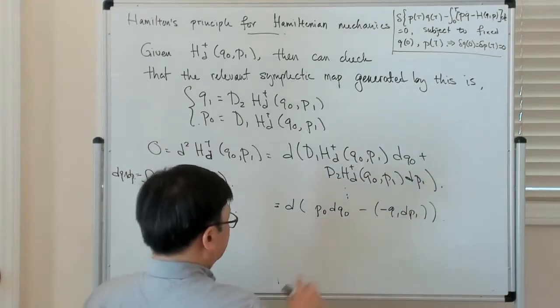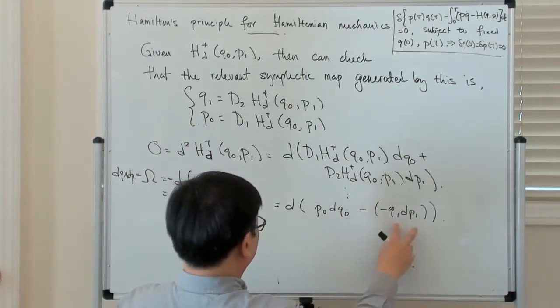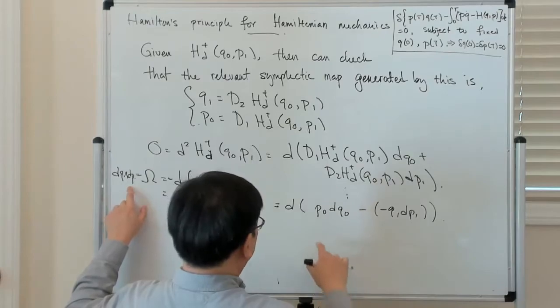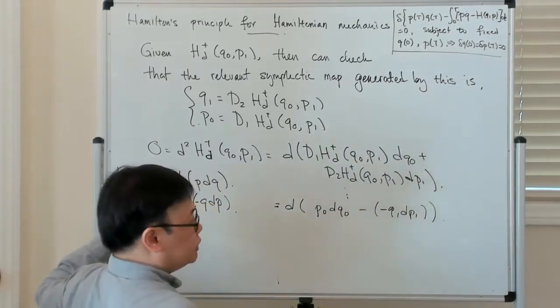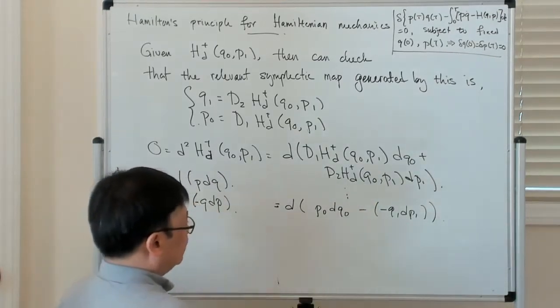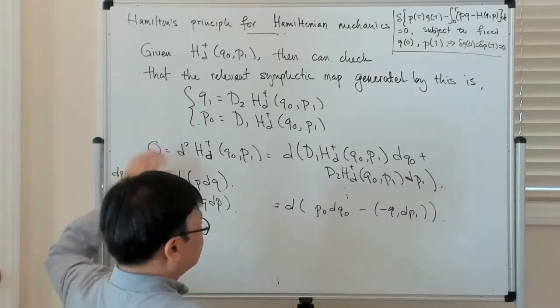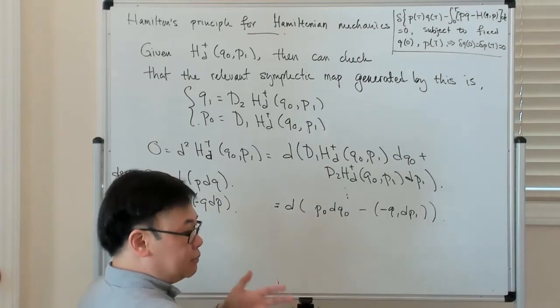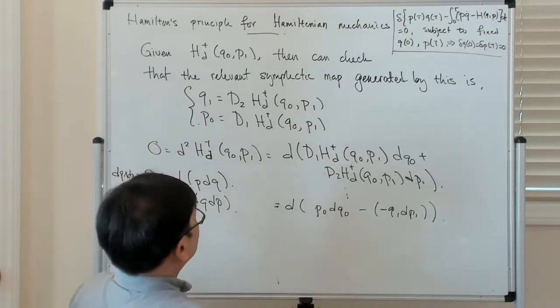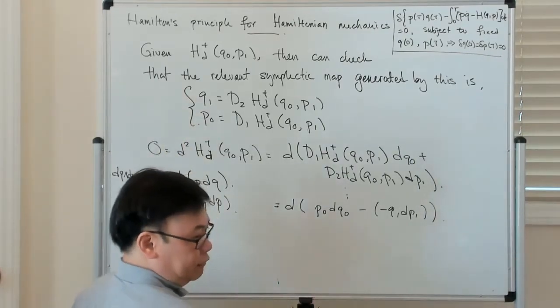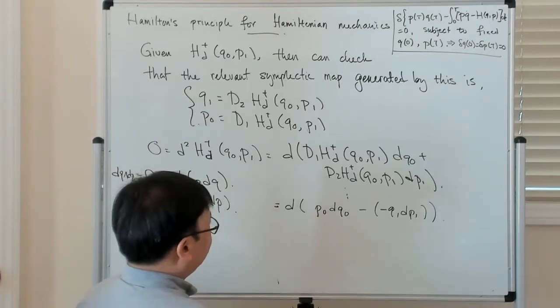So this is going to be the difference of two things which are going to eventually give you the symplectic forms at the different times. And the difference of the symplectic forms at the two times being equal to 0, of course, means that the pullback of the symplectic form by the discrete map is the symplectic form itself, which is to say that the map is symplectic.